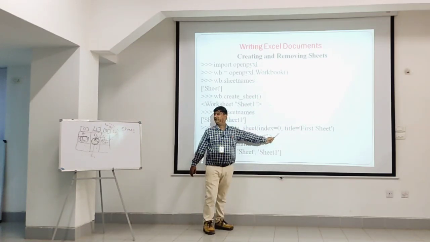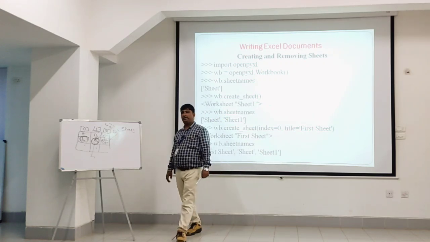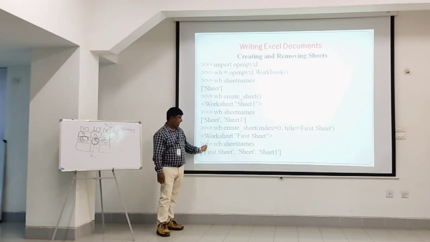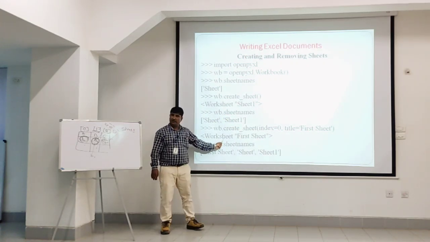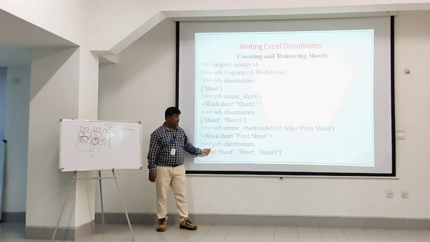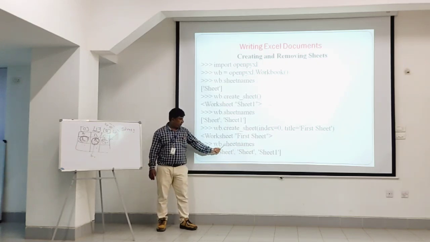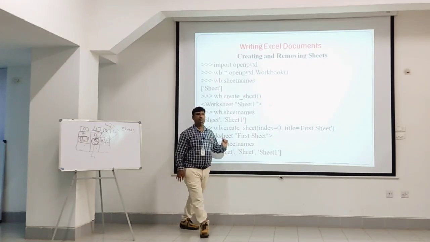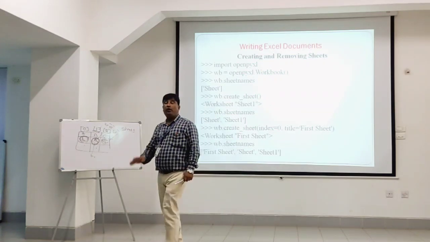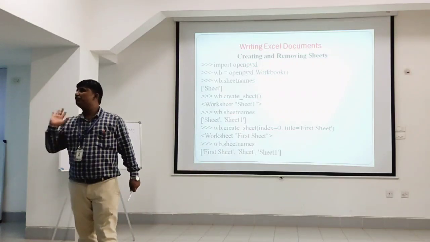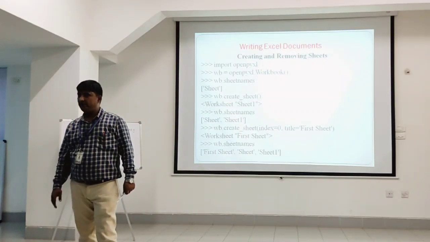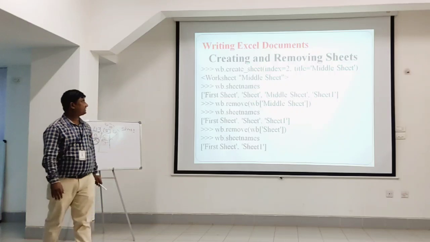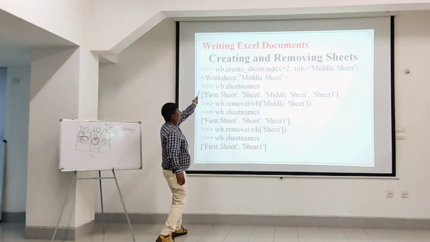And at which position? Index 0 position. Then how do you check? wb.sheetnames gives "First Sheet", "Sheet", "Sheet1". Why? Because index=0. Clear? Understood? Next.